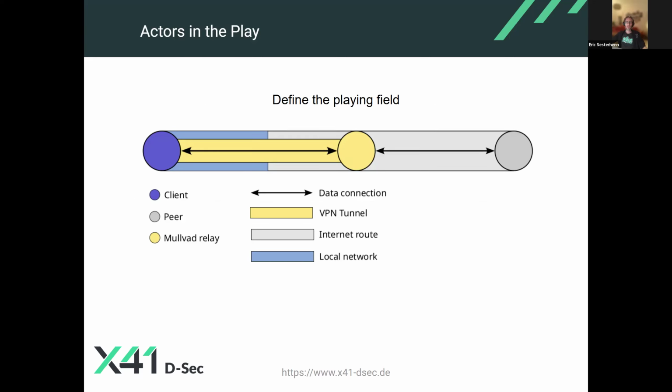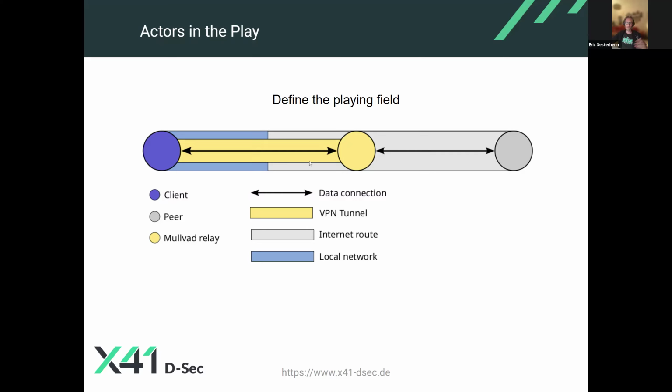When you look at a VPN client, at least one part of the threat model becomes quite clear once you start drawing a diagram that shows you the actors involved, right? You have your client that wants to connect to a peer, that's the item on the right. And it wants to connect to that peer through the tunnel.